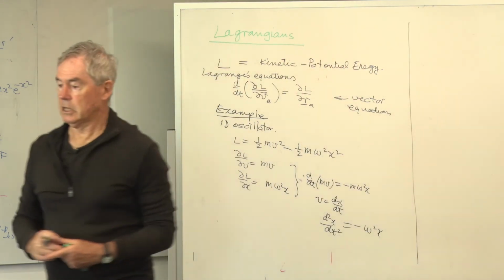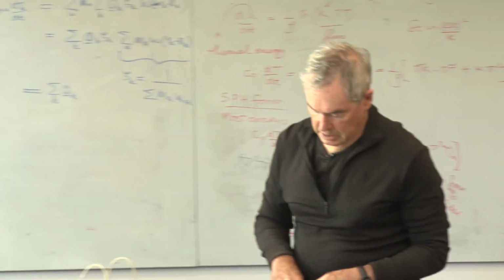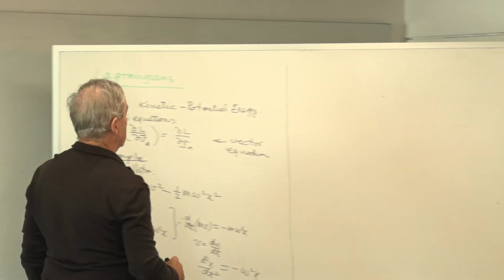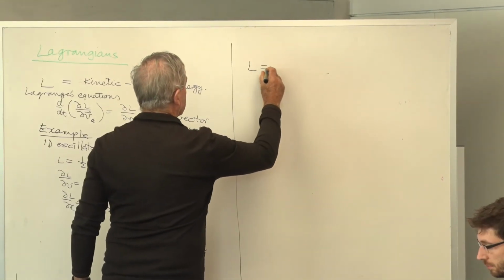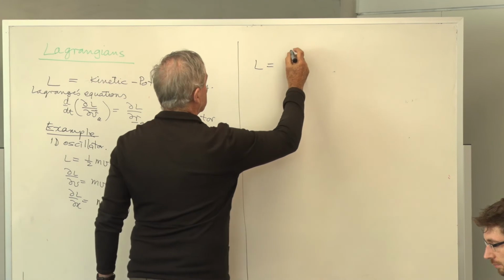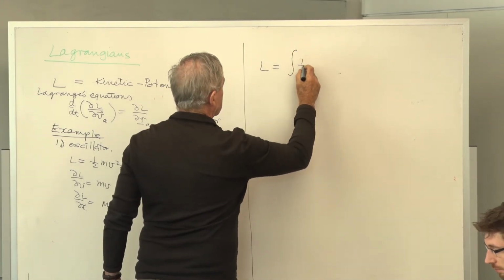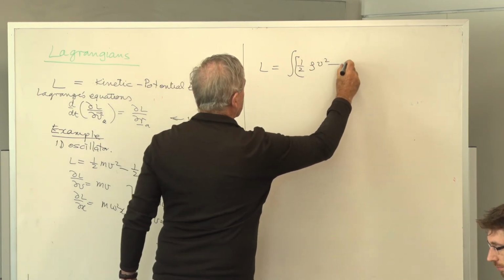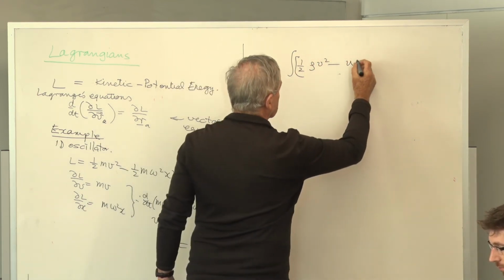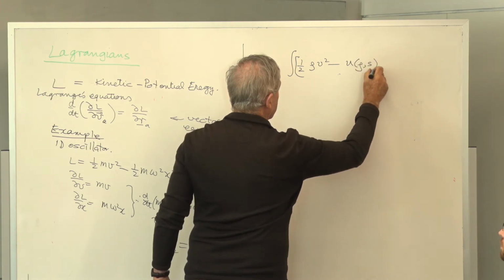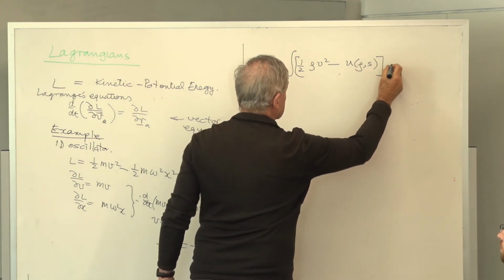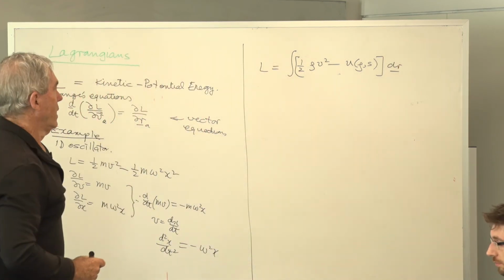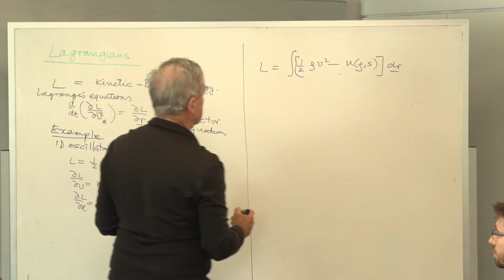Now in fluid dynamics, there is a Lagrangian, and if the entropy for each element of fluid is constant, it takes the form half rho v squared minus the internal energy, rho u, and s, as you now know, is the entropy integrated over the volume. So that's a scalar quantity.